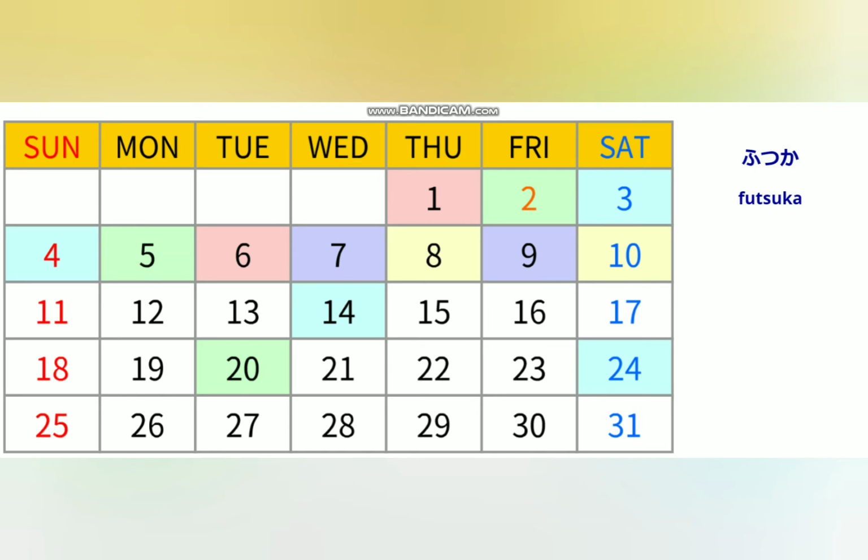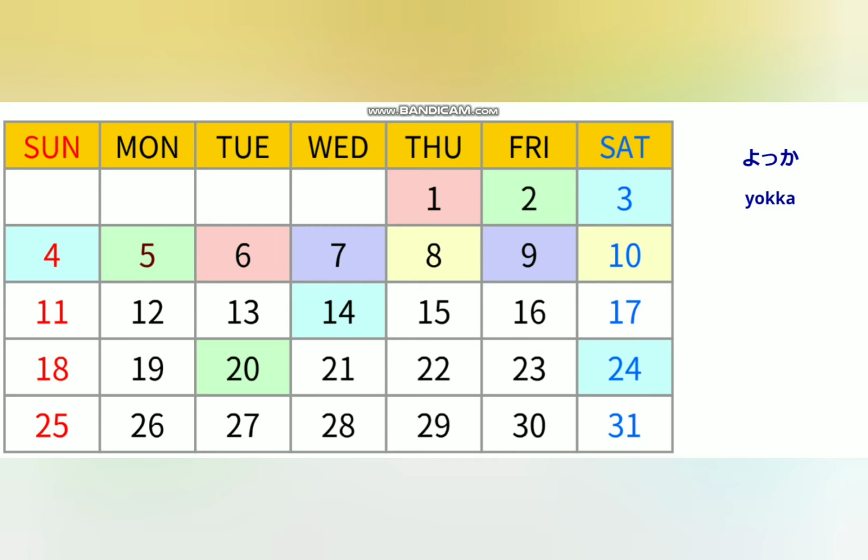For the third day of the month, 3日, mikka. Now remember, mikka, you have to pronounce the double K. For the fourth day of the month, we have 4日, yokka. Again, yokka. Please do emphasize the double K.